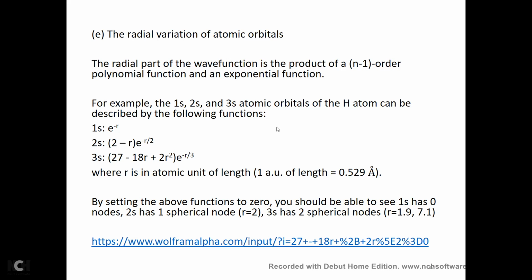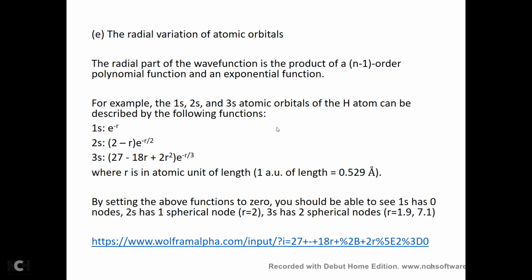If we look at the radial part in the hydrogen atom, the radial part of the wave function is a product of a polynomial function and an exponential function. The polynomial function has an order of n-1.